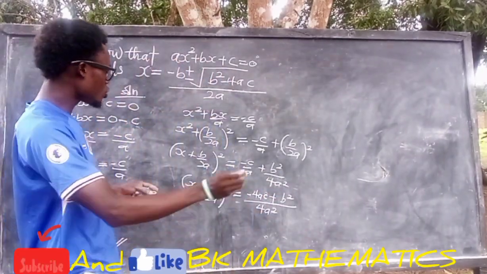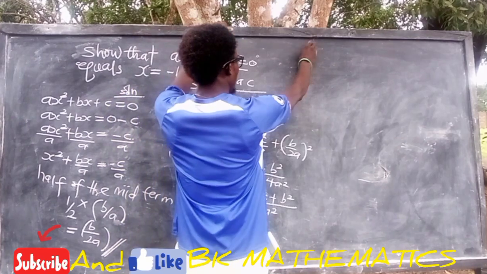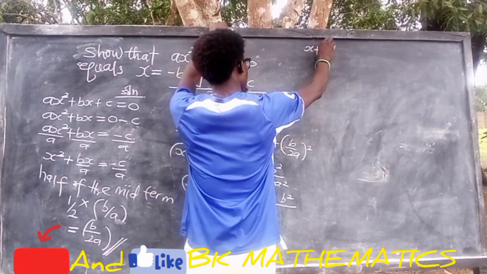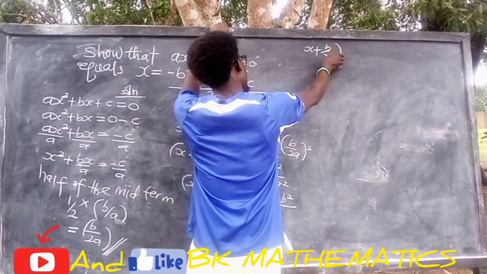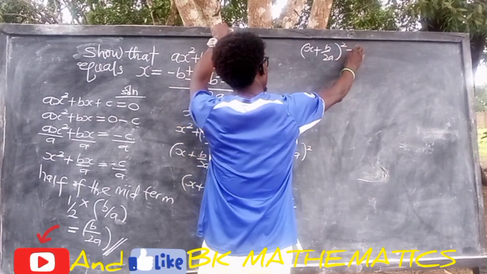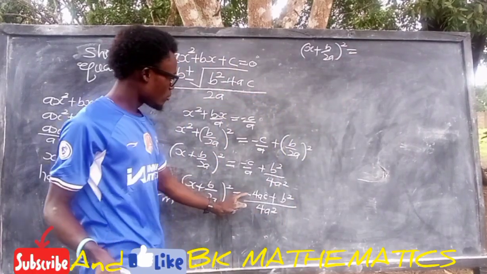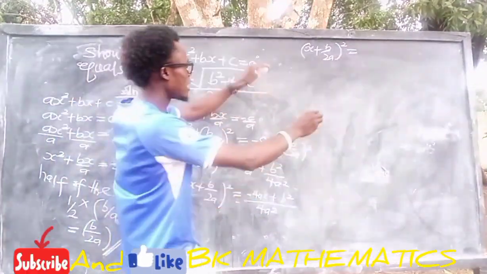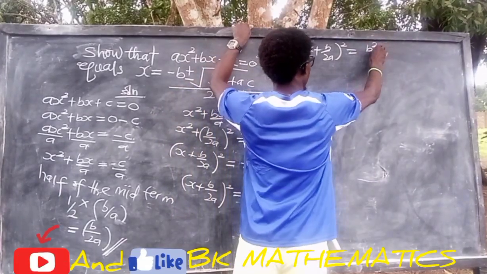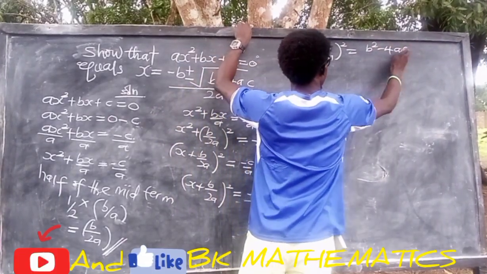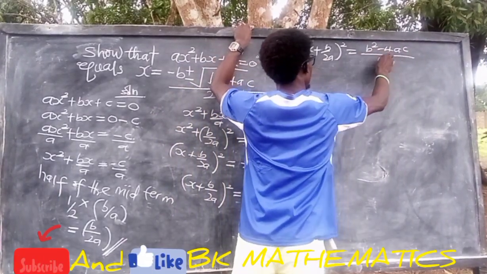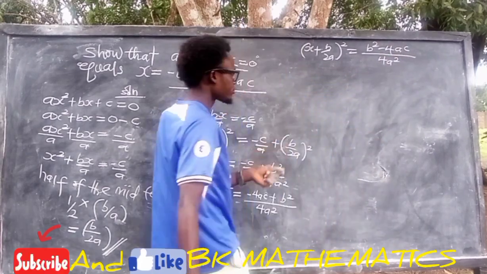It continues from this point. Now we have x plus b upon 2a raised to the power 2. Let's just arrange it properly. Then this one becomes b squared minus 4ac, everything over 4a squared.